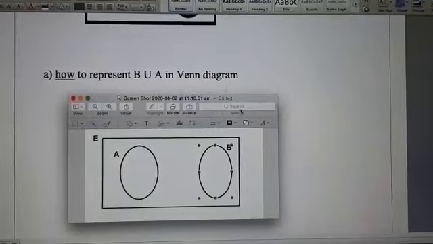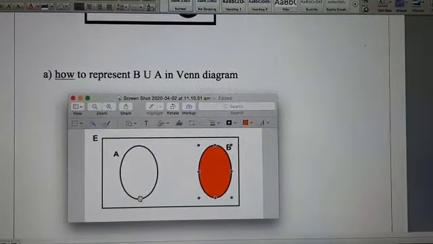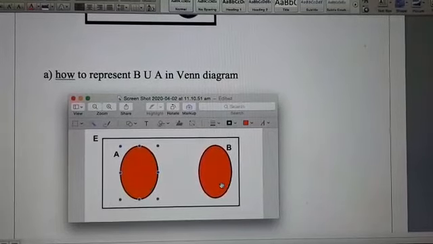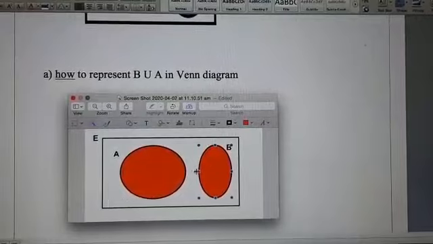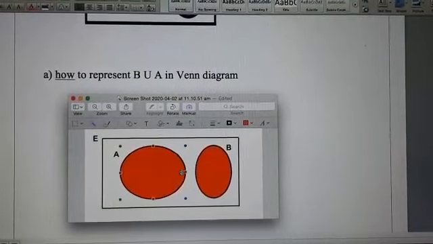You will shade B using any color, and then you will shade A. That's it. You have to shade B as well as A. This is the answer for B union A when your sets are not overlapping, and if they are overlapping, there will be no difference. Again B and A both are shaded.